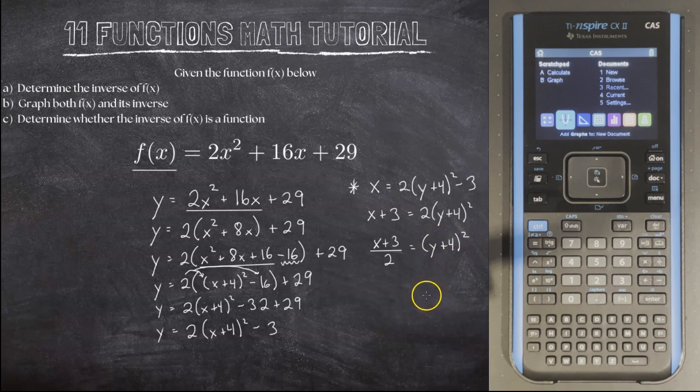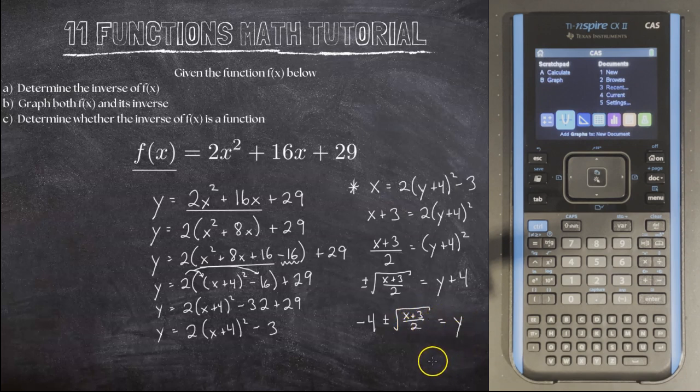Now we can take the square root of both sides. And remember, when you do this, you have two solutions. So we have plus or minus the square root of x plus 3 over 2, which equals y plus 4. And then subtract 4 from both sides. So we have minus 4 plus or minus the square root of x plus 3 over 2 is equal to y.